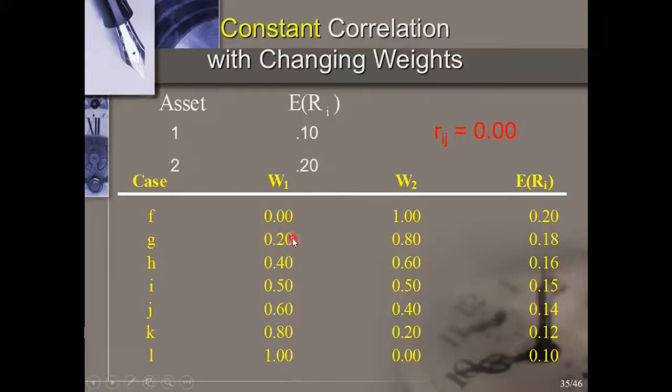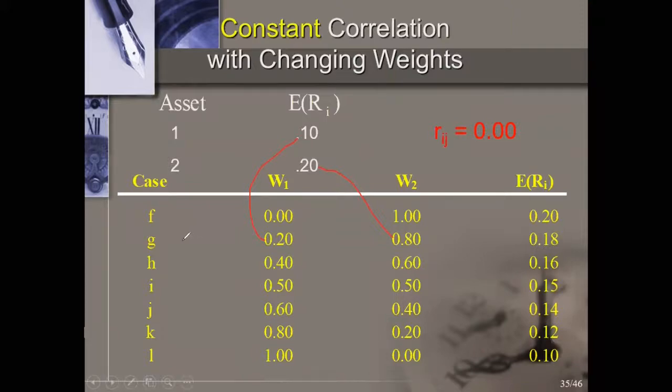Now we have 20% of 10% and 80% of 20%. We add them together. How am I calculating this? 20% multiplied by 10% and 80% multiplied by 20%, and then these are added with each other. So we get how much? We get 0.18.